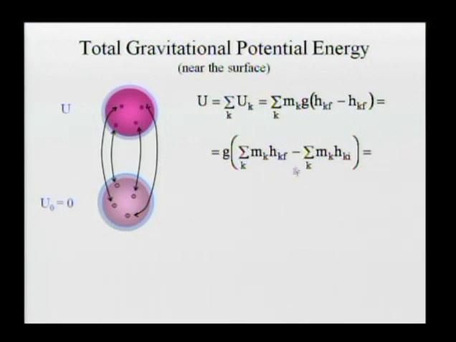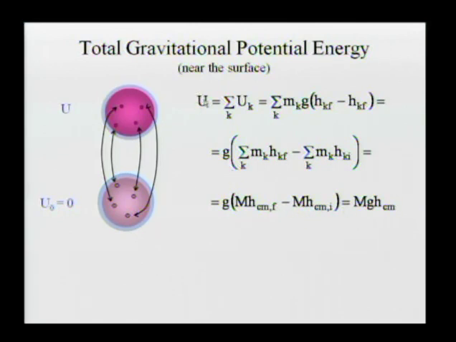Now I can recognize that this sum is equal to the mass of the object multiplied by the final height of the center of mass. And this sum is the total mass multiplied by the height of the initial location of the center of mass.